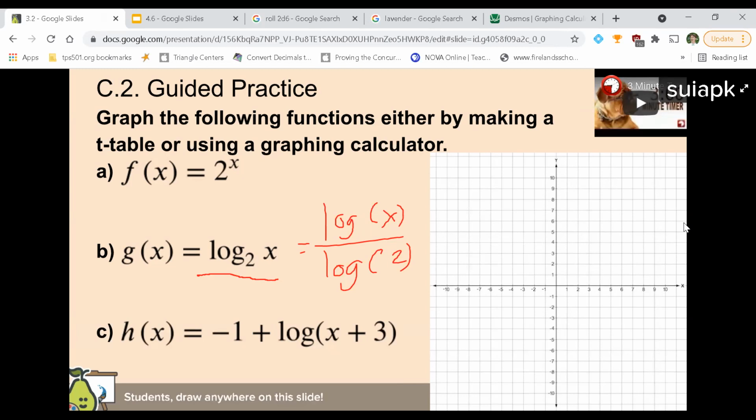That is reversed. It's log X over log 2. That's why it does so easily. The rest is good. X divided by log 2.